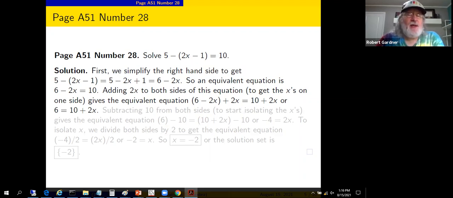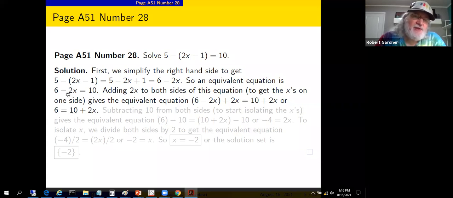Like I said, we've done this following the procedure of producing equivalent equations as encountered in the notes from this section so far. But this idea of adding to both sides, let's look what happened here. We had the equation 6 minus 2x equals 10, and we've produced the equation 6 equals 10 plus 2x.